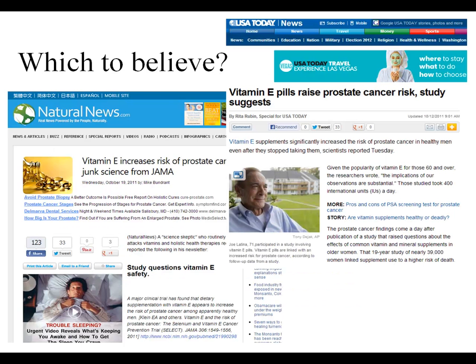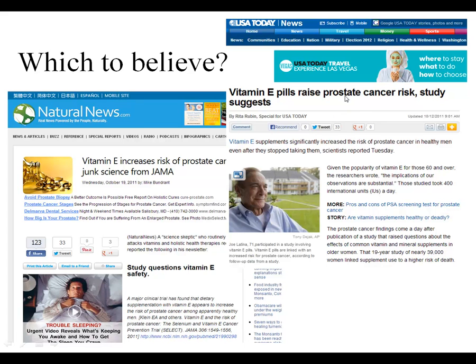Okay. So, the issue is with this vitamin E, because recently a study came out that said that taking vitamin E pills actually raises your risk of cancer. So this one study says you shouldn't take it, and they should get that vitamin E out of there because it doesn't support prostate health.